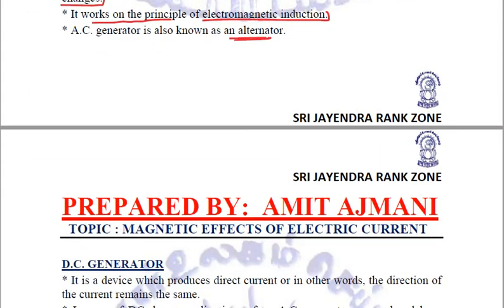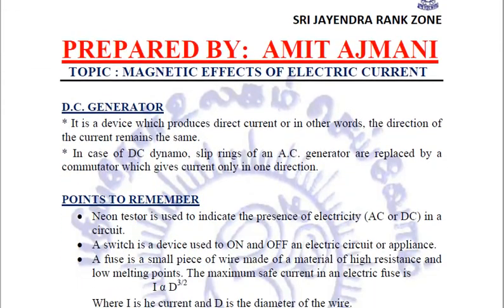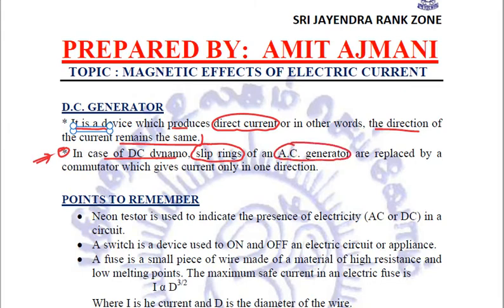Let's go through a bit of detail of DC generator also. DC generator is a device which produces direct current, or we can say such a current whose direction remains the same. And very importantly, in case of DC dynamo, the slip rings which were used in the AC generator are replaced.